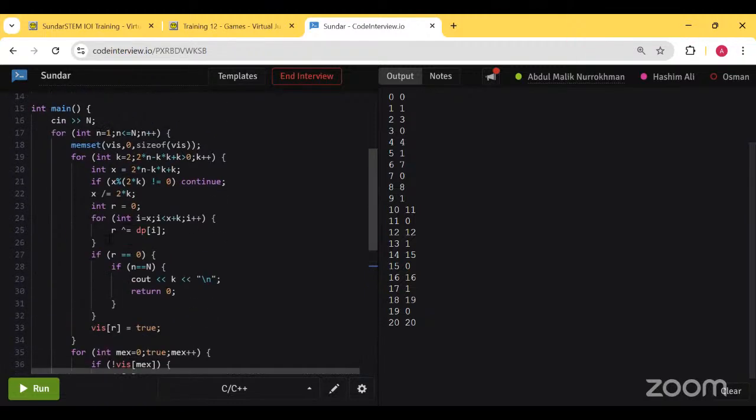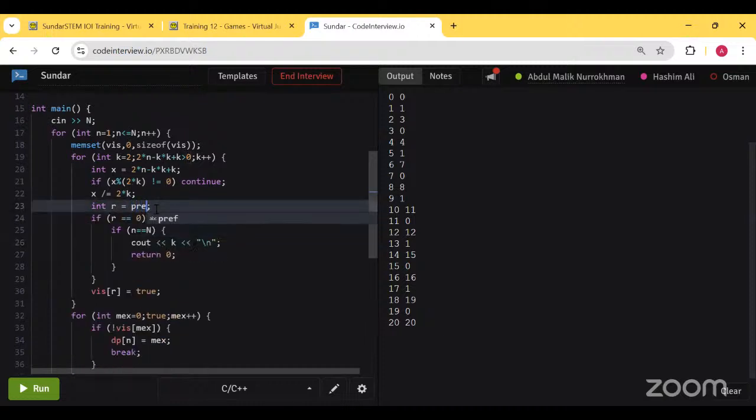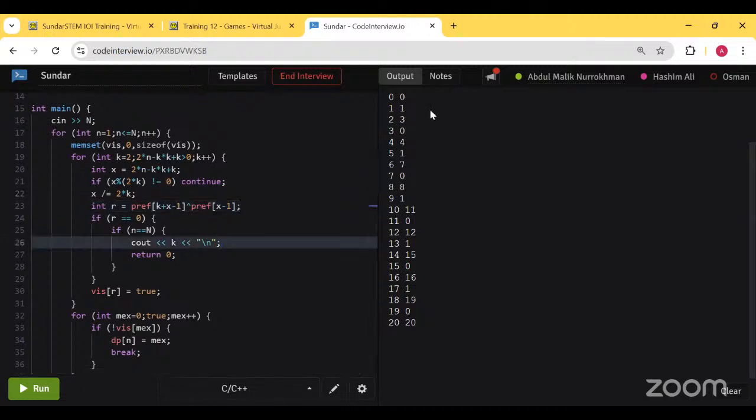That's why here we can optimize it. We can optimize it with r equal to pref[k+x-1] XOR pref[x-1]. Is it correct? Is there any question for the optimization?